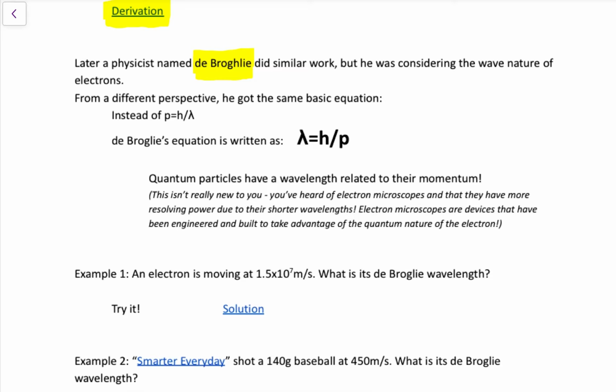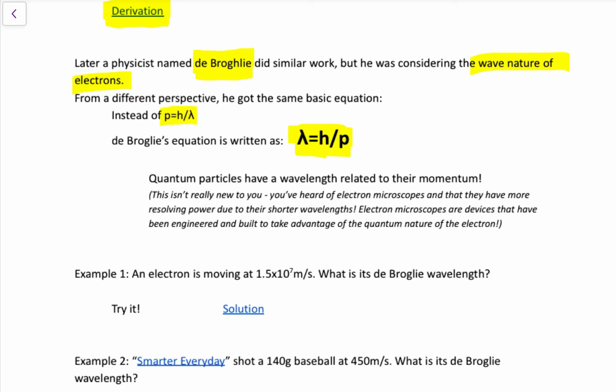But this de Broglie guy was doing math a completely different way, but still looking at this wave nature of electrons. And from a completely different, much more complicated math background, he got lambda of the electron equals Planck's constant divided by momentum, which is kind of cool because it's the exact same equation that we got in our derivation.